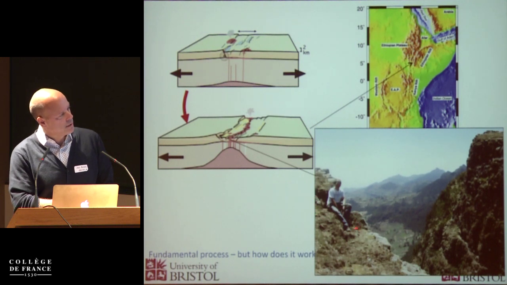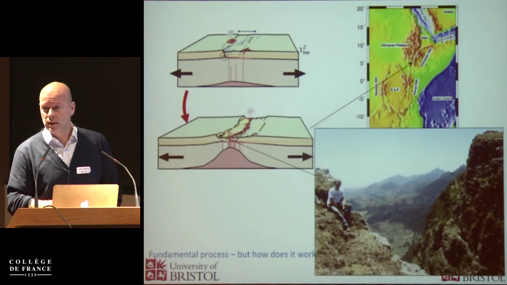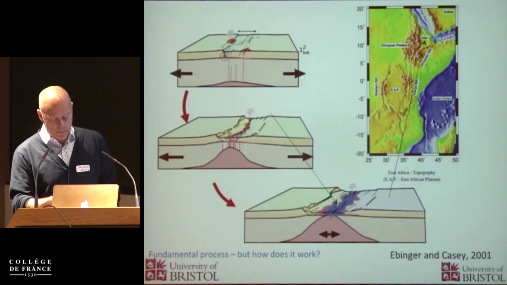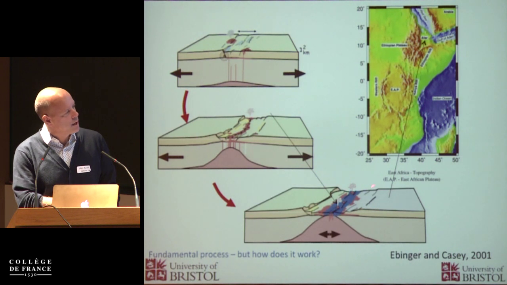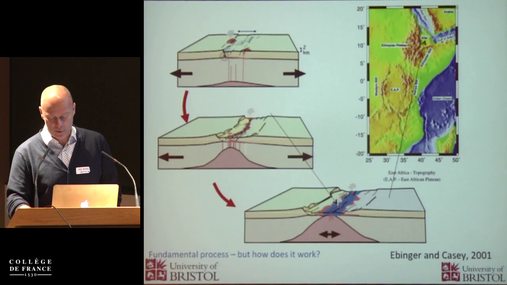This is James Hammond sitting on the Ethiopian plateau looking down into the Rift Valley on one of these big border faults. The change in elevation is a 2-kilometer drop off that cliff here. So it's pretty spectacular scenery. And then as things become even more advanced, the strain is accommodated more in the magmatic segments and less in the border faults.